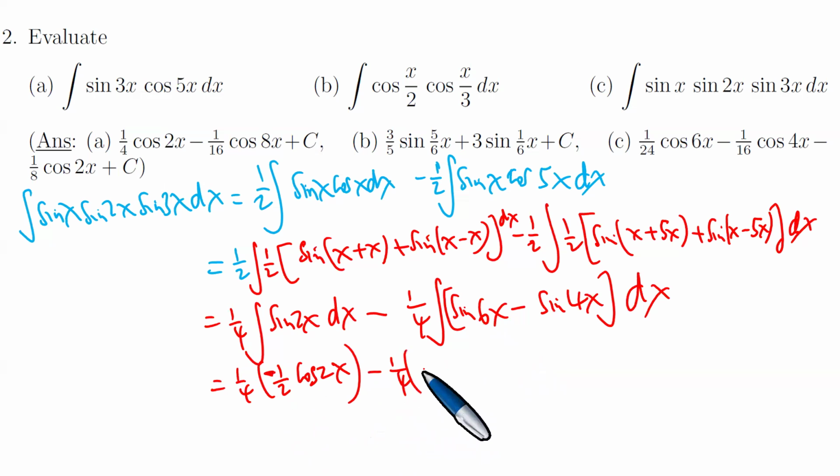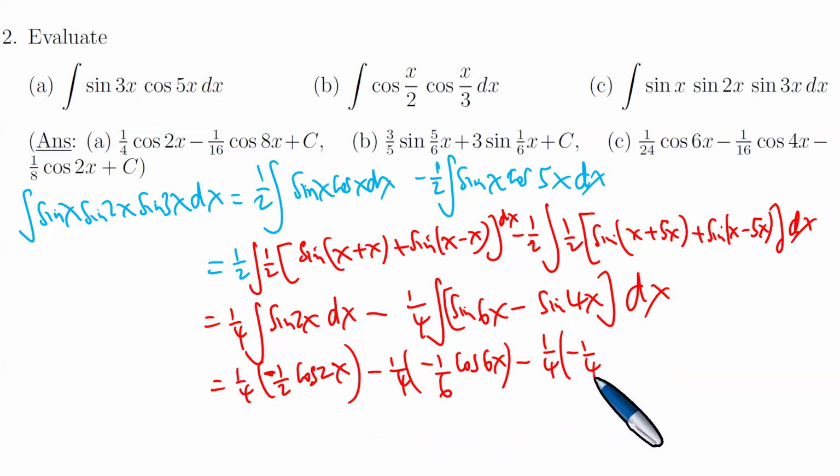So the integral of this one is minus cosine, and now it becomes exactly cosine 4x.